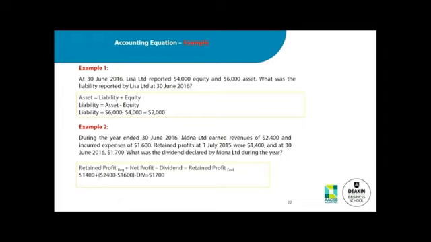That obviously goes through a bit of calculation, and the dividends that you should have is $500 based on the formula which we showed earlier: retained profit beginning plus net profit minus dividends is retained profit at the end. So to work on this, you will come up with dividends of $500 for this case.